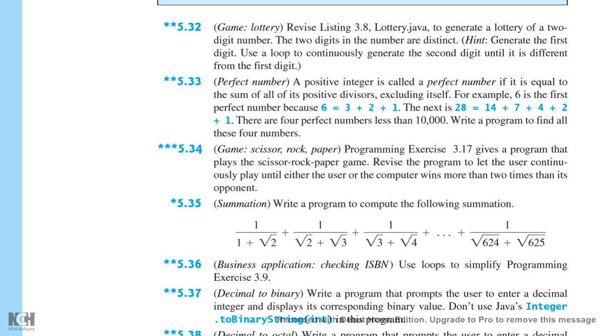The next is 28, which equals 14 plus 7 plus 4 plus 2 plus 1. There are 4 perfect numbers less than 10,000. Write a program to find all these 4 numbers.